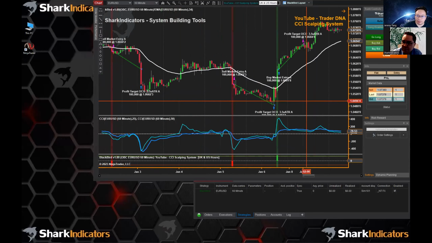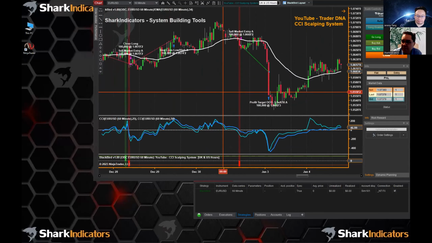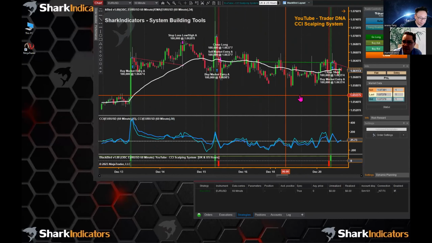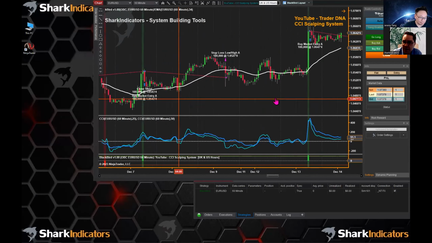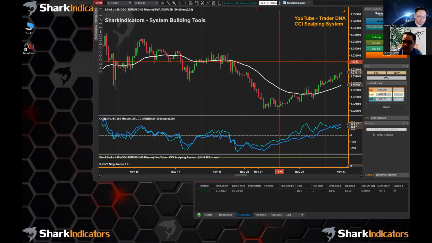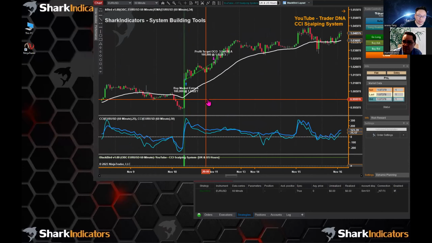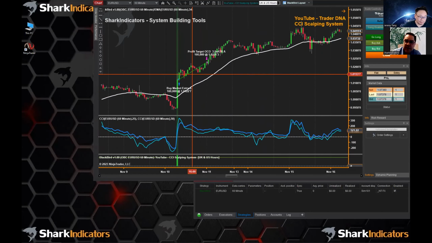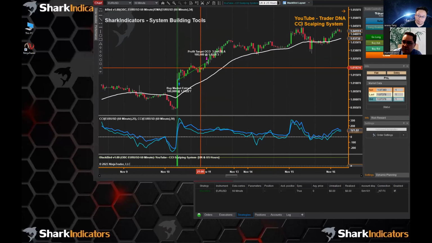That one hit a profit target up there. John says the ATR period 20 is just the number of bars averaged, exactly: the average size of the last 20 bars in this case. There we go. This looks like a decent run here.